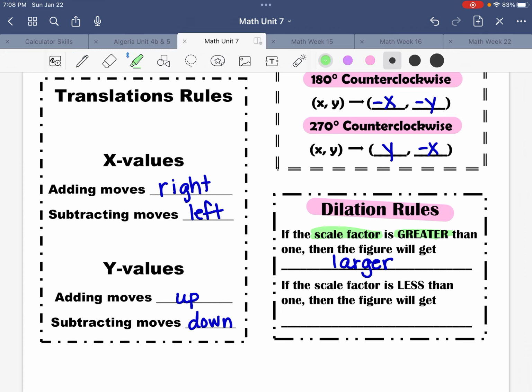Okay, and if the scale factor is less than 1, then the figure will get smaller. Okay, so that's the rule for dilations. If you're multiplying it by a scale factor of more than 1, it'll get larger. If you're multiplying it by a scale factor of less than 1, it will become smaller.